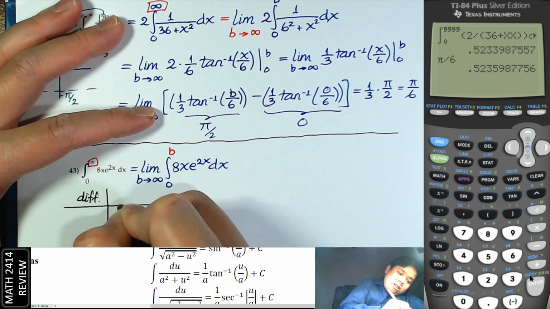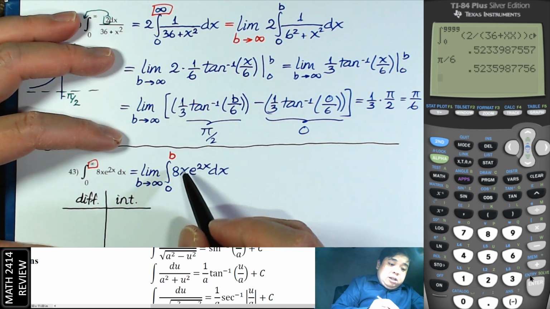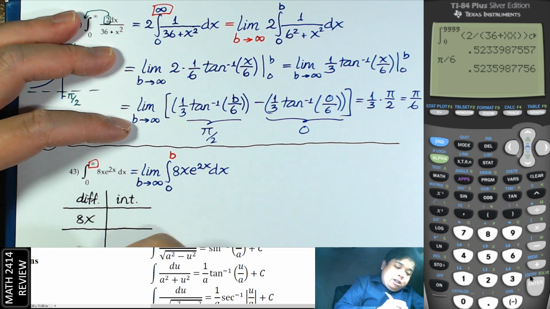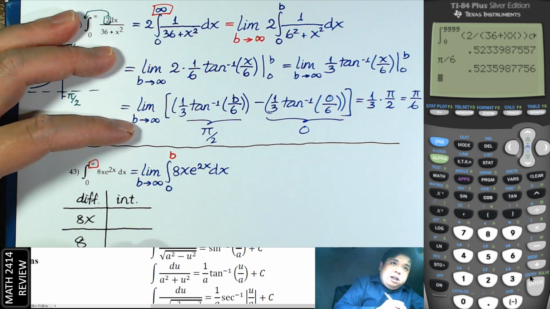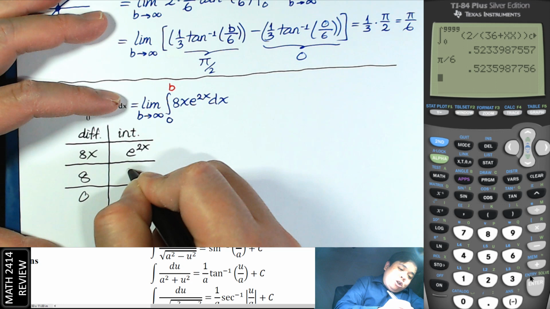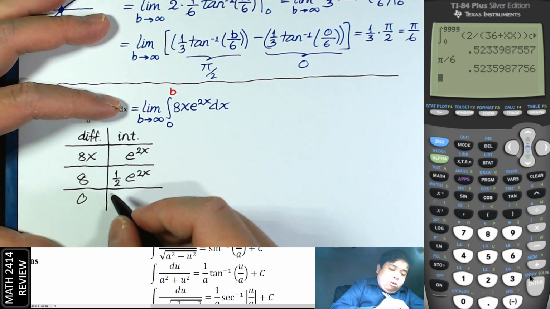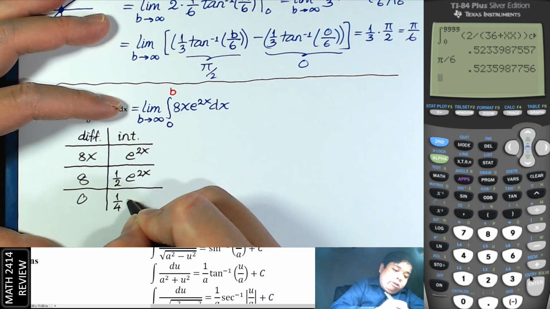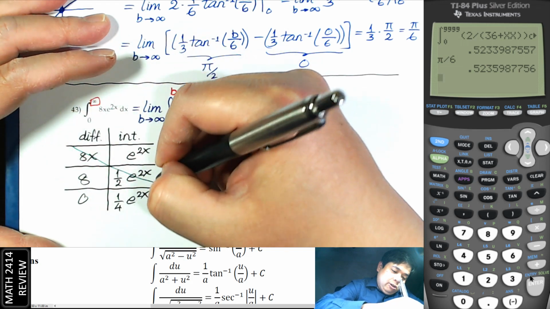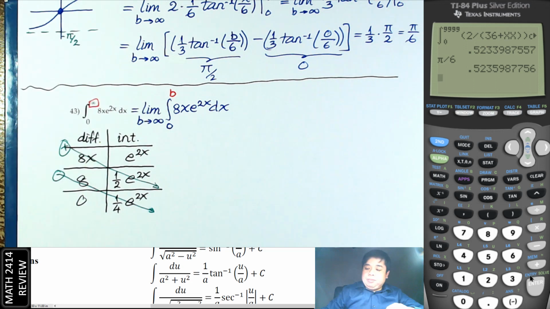Differentiate, integrate. Right, the x is going to be u to be differentiated, x and then 1 and then 0. Then e to the 2x is the other one to be integrated. E to 2x integral 1 over 2 and then integral again 1 over 4. Right, diagonal plus, diagonal minus.